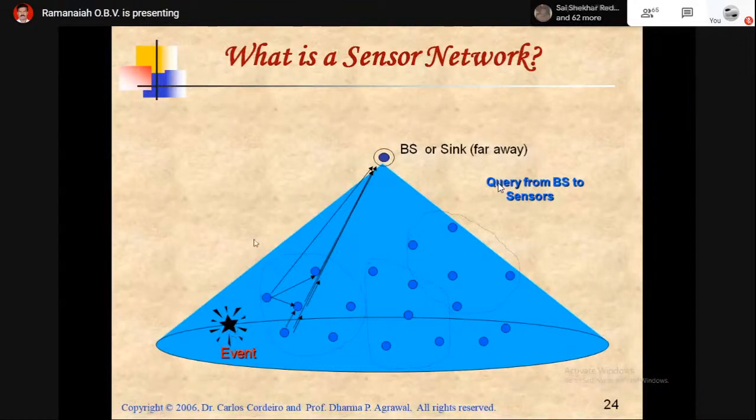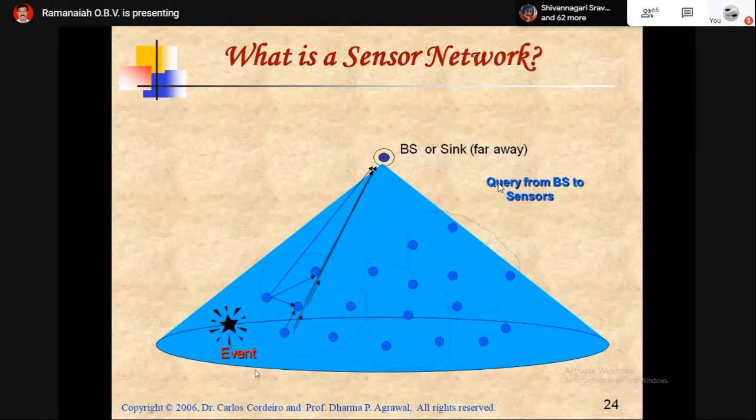And if it is the wildlife monitoring application, for example, detecting the lion movement or any wildlife such as tiger, right? Then the detection of an animal, lion or tiger, is an event. So if it is moving and that is detected by these sensor nodes having the camera sensor, right?